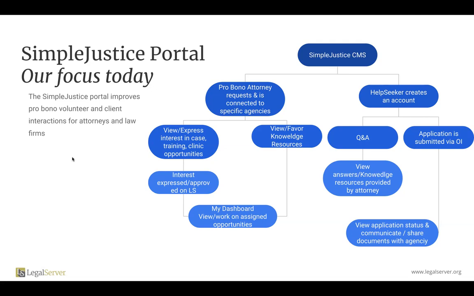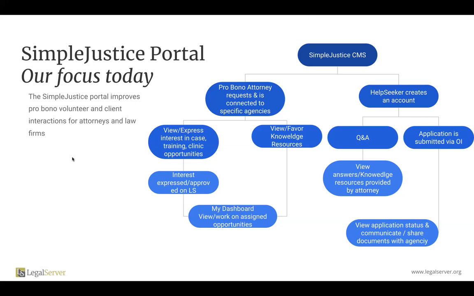Those agencies are then notified that they've got a pending pro bono attorney who is part of SimpleJustice, for them to then approve or not. If they don't approve, then nothing happens. If they do approve that request, a new user is created or an existing user is connected to that SimpleJustice account.